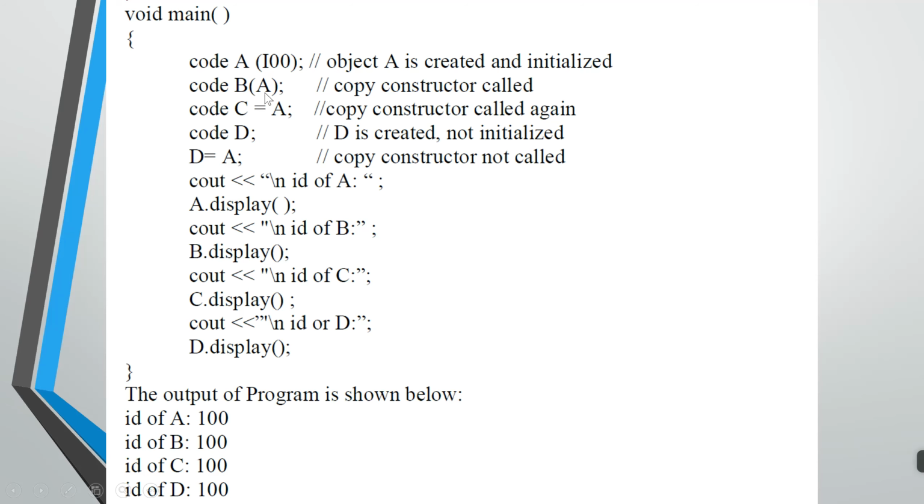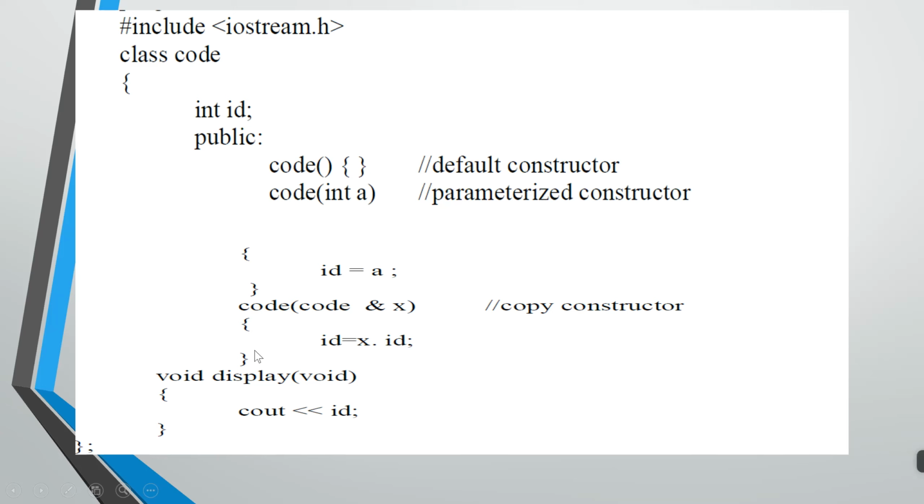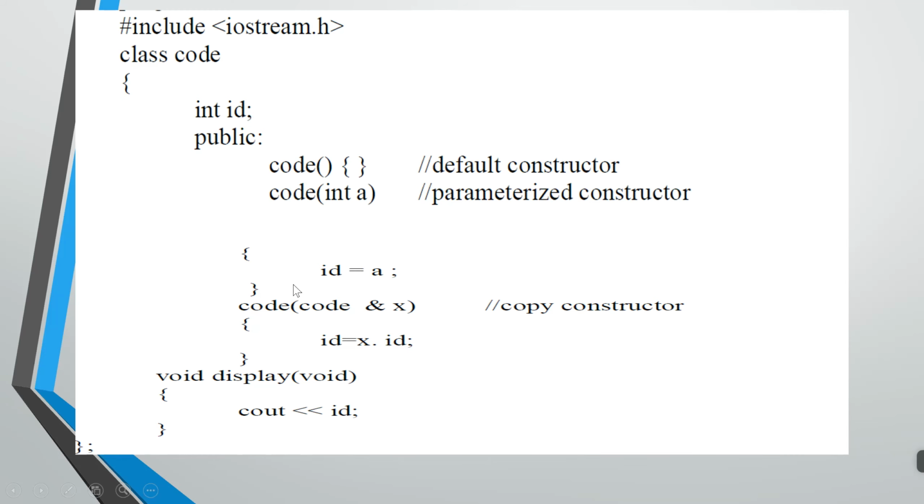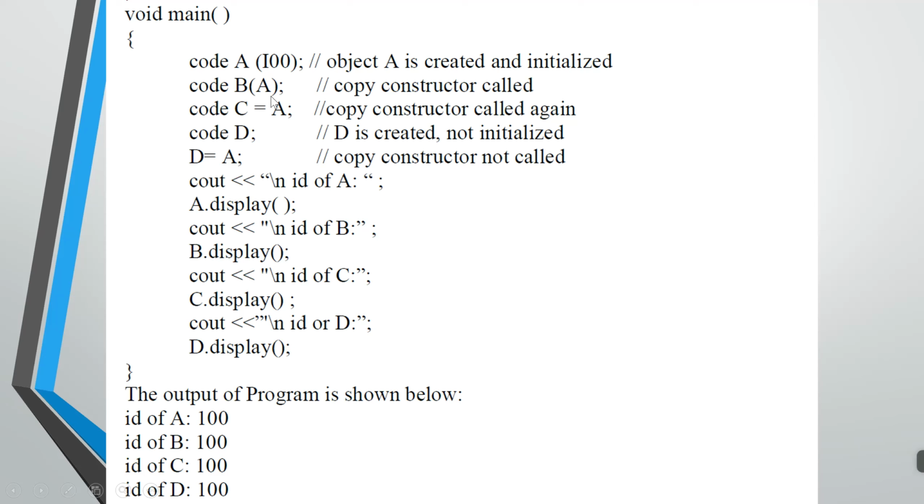But here I am supplying an object itself, so this particular constructor will work. Here b dot id will be equal to x. What is x here? X is a dot id. That means b dot id is a copied content of a dot id.